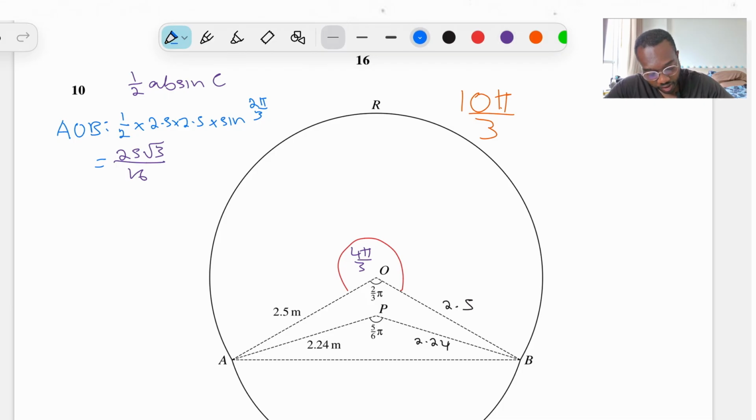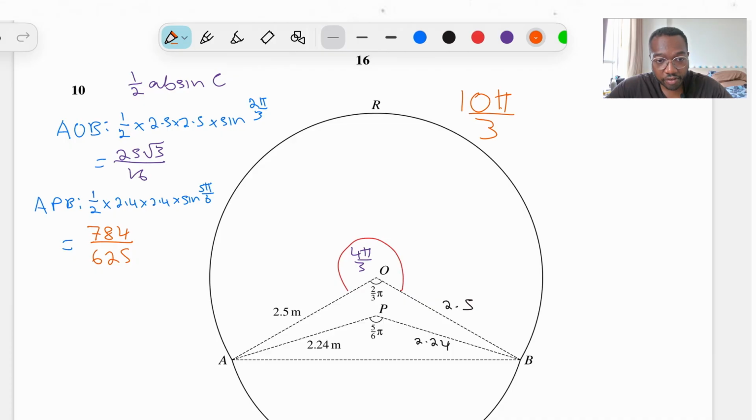And then we do the same thing for APB. So if we do that for that one, we would get a half times 2.4 times 2.4 times sine of 5 pi over 6. And if you put that into your calculator, you will get 784 over 625.